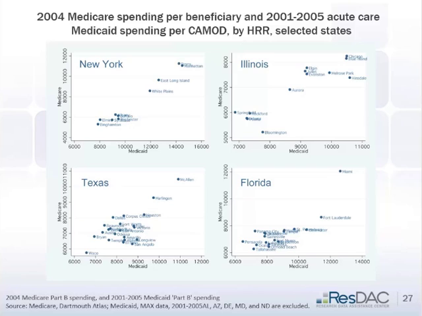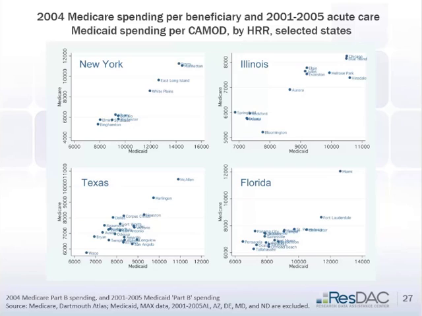Again, we seem to see a fairly consistent relationship across Texas. And then in Florida, Miami being the most expensive, but even without Miami, there seemed to be a pretty good, consistent relationship between Medicare and Medicaid.